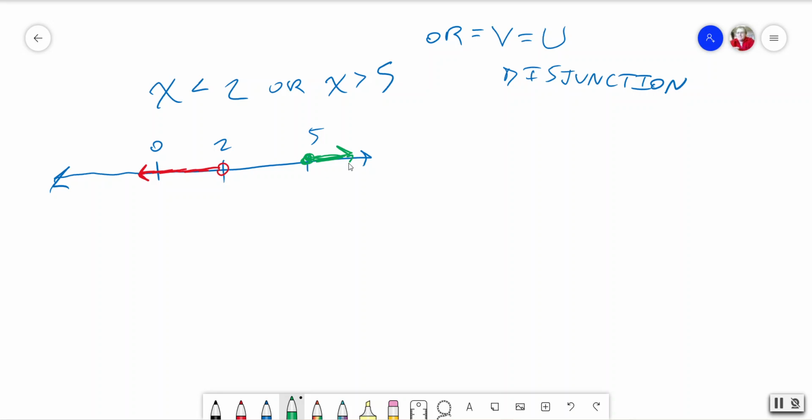If I said x is less than 8 or x is greater than 5, we set this up the same way, but it's going to look a bit different because now you're going to have less than 8, which looks like that. And then you're going to have greater than 5, which looks like that.